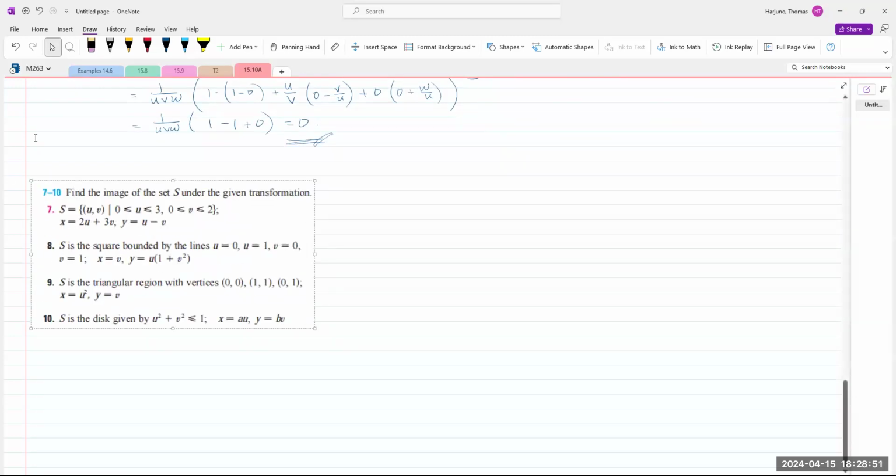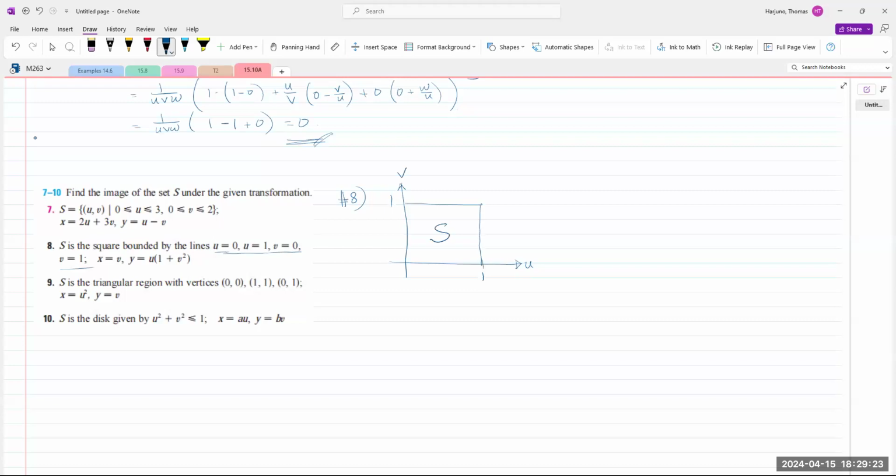Now, find the image of the set S under the given transformation. So what happened is we have set S. Let's do number 8. S is a square bounded by lines u equals 0, u equals 1, φ equals 0, φ equals 1. So on the uφ plane, that's a square from 0 to 1, 0 to 1.